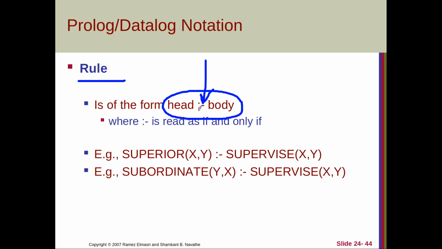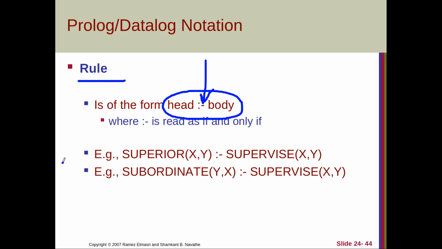This symbol is read as if and only if. Head if and only if body. That means head is true if and only if body is also true. That is the meaning of this statement. This is the representation of a rule.